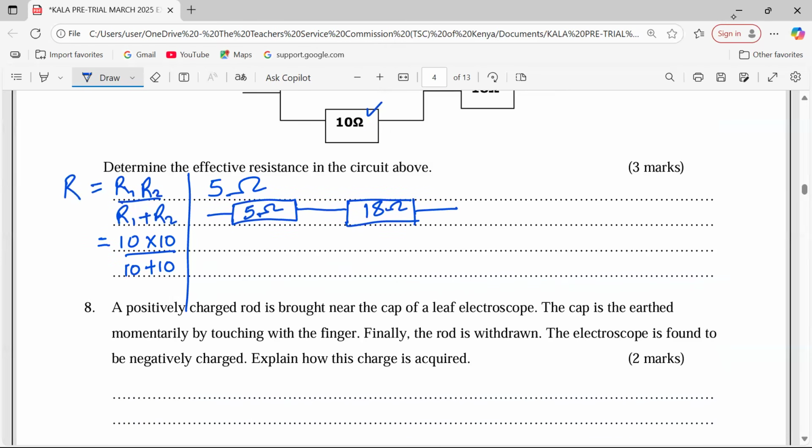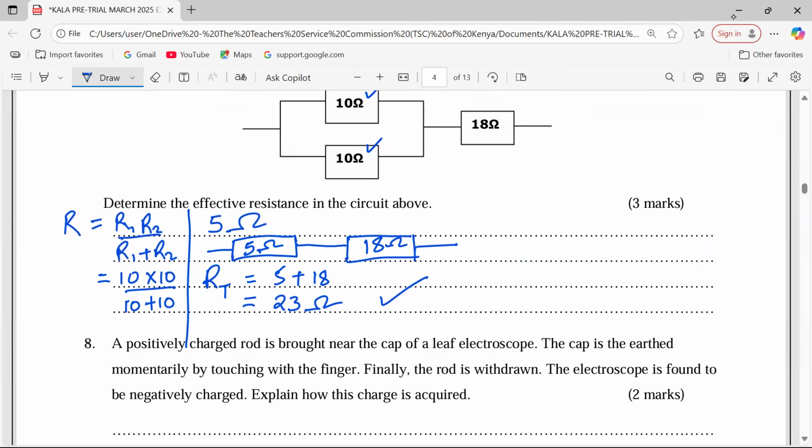In series connection, regardless of the number, effective resistance is the sum or total resistance, equal to 5 plus 18. This leads us to 23. So that is the final answer.